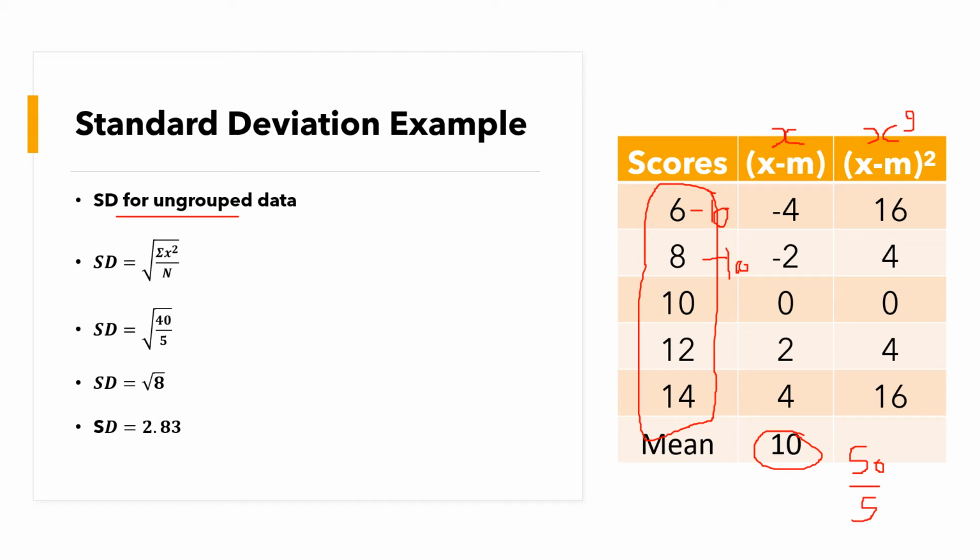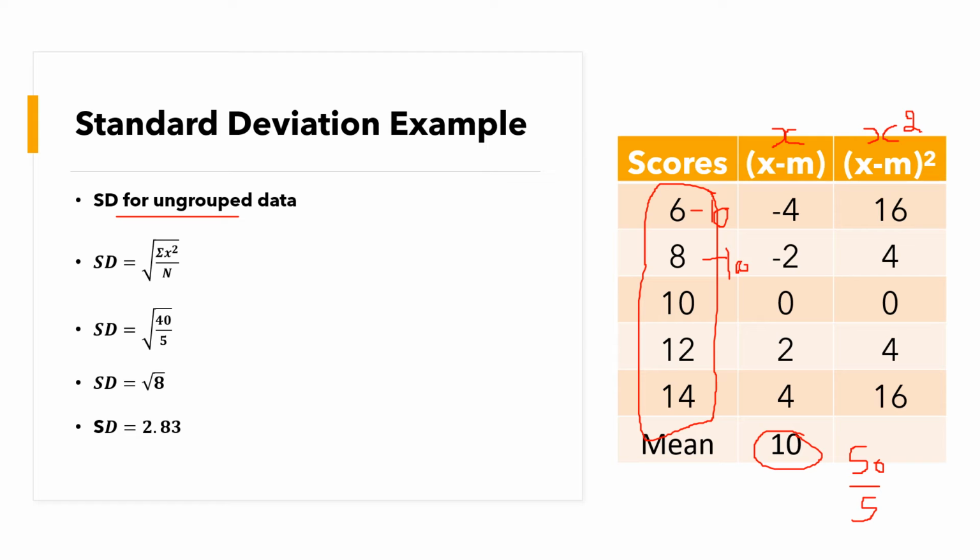We use x square to manage the sign in standard deviation. After that we take the total, which is 16 plus 4 plus 0 plus 4 plus 16, so the total is 40. 40 divided by 5 is the average of the squared deviations. To undo the square, we take the square root of this entire value.